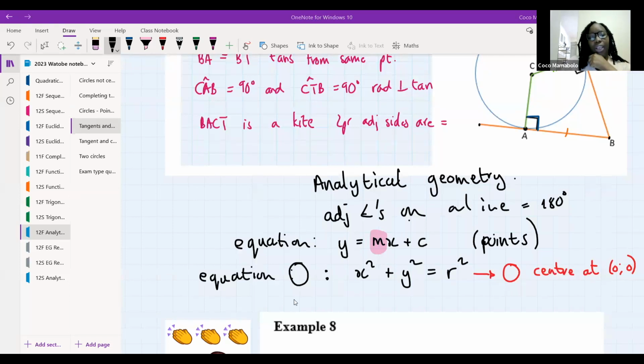It's x minus a, all squared, plus y minus b, all squared, equals r squared. Excellent. Well done, Leanne. Wonderful stuff.